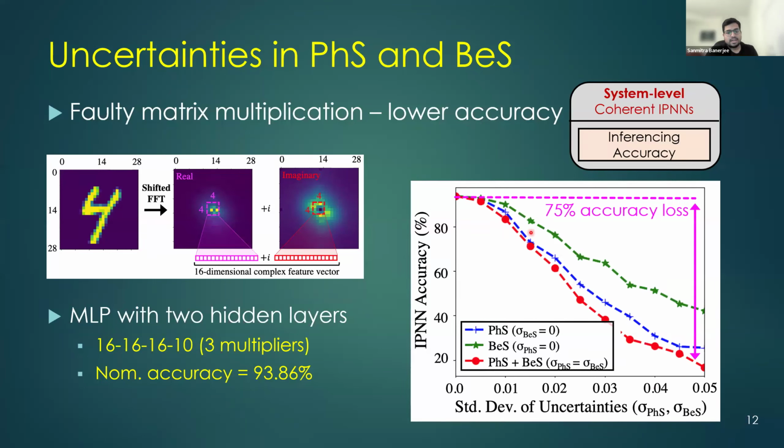Even with a 1% standard deviation, we can see a close to 10% accuracy loss. So this shows that these random uncertainties in phase shifters and beam splitters are very crucial, and we need to find ways to counter this because this is not acceptable for a task like MNIST. You can guess that for more complex tasks, the network will struggle in the presence of these kinds of uncertainties.